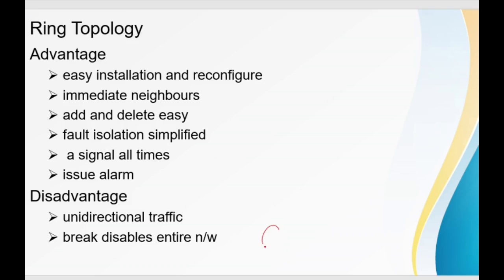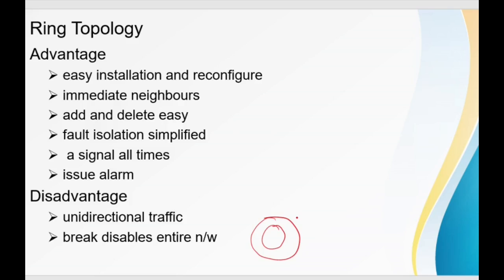This weakness can be solved by a dual ring or a switch capable of closing the break. So a dual ring can simultaneously close the break, or we can use a switch. If a fault occurs in the ring, it can be switched in another direction. So this unidirectional weakness can be recovered.